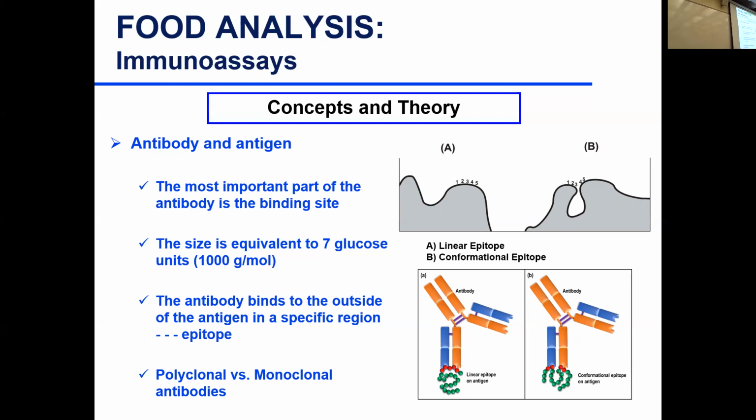Our bodies produce antibodies that can bind at different locations on this protein. So these are polyclonal antibodies. They bind at different epitopes on that one antigen.